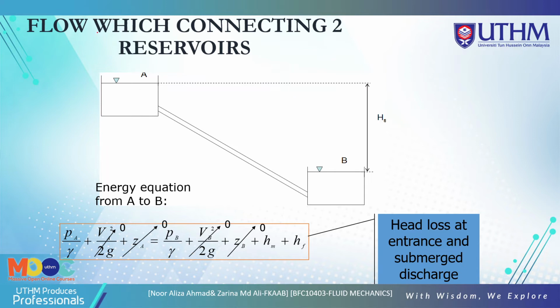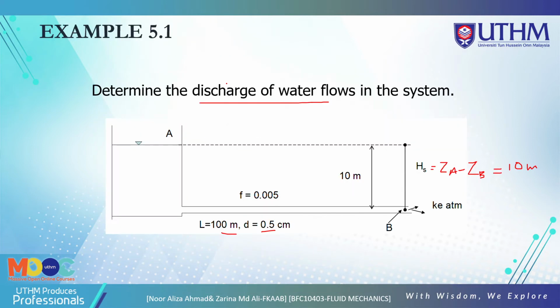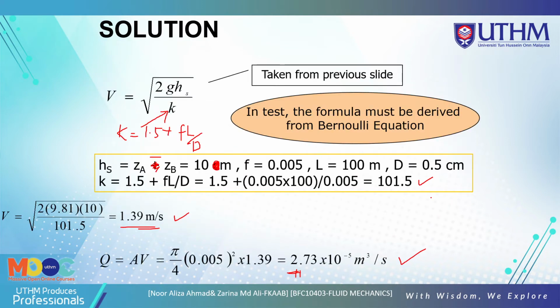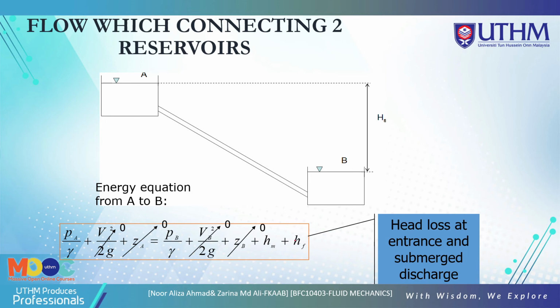This example uses water flow connecting two reservoirs. The earlier one was from tank A to B through the pipe, open to atmosphere, so the concept of the Bernoulli equation is here.